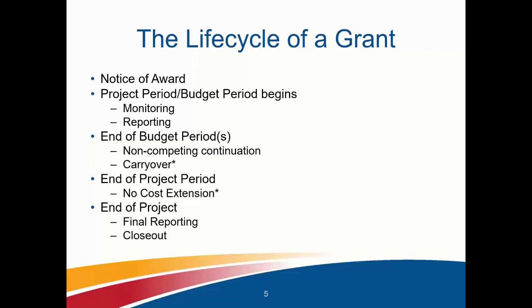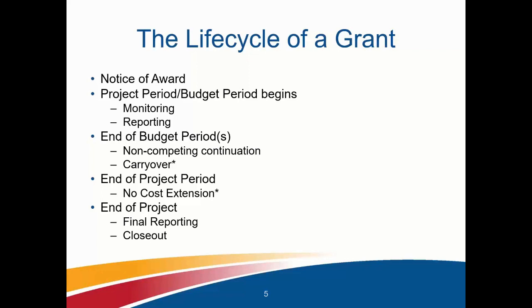At the end of a budget period, which in most cases is going to be 1 year, if you're at the end of a budget period and then a new budget period is starting within the same project, there will be a non-competing continuation that is awarded. This typically just means there's a total amount of money that's been awarded for the entire project period, but it's broken out by year, by budget period.